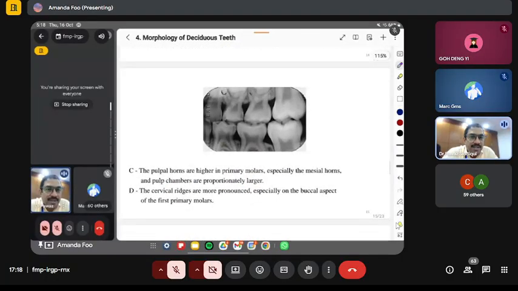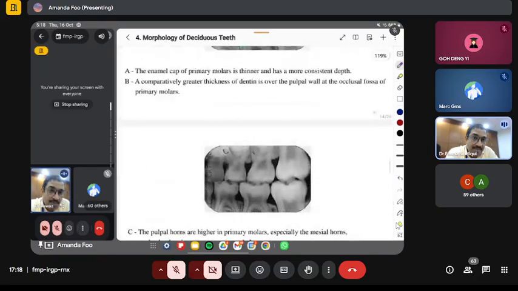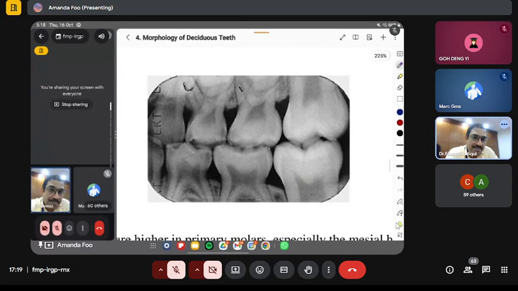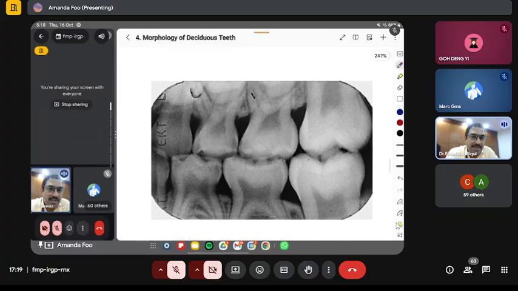Okay, so now there are more features. The cervical ridges are more pronounced, especially on the buccal aspect of the primary molar, which we have already seen. Now, Amanda, can you zoom into the radiograph? Now you have the primary first molar, the primary second molar, and the permanent first molar in the mandibular arch.